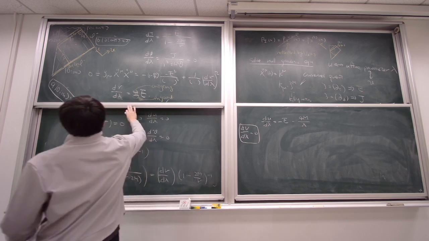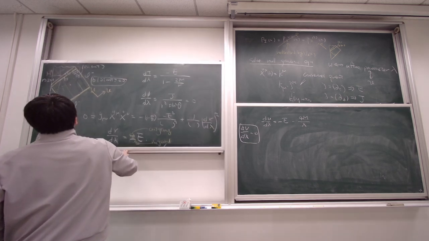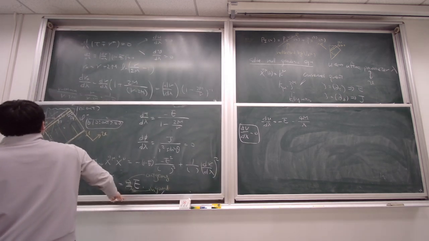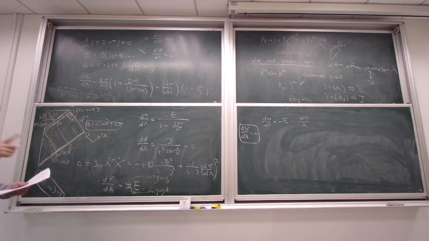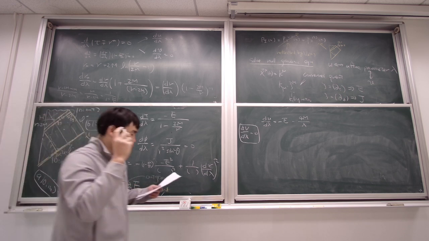So here v is constant. So v is constant, and then u is just decreasing here. And I want to show this one. And I got confused. How do you show this one?